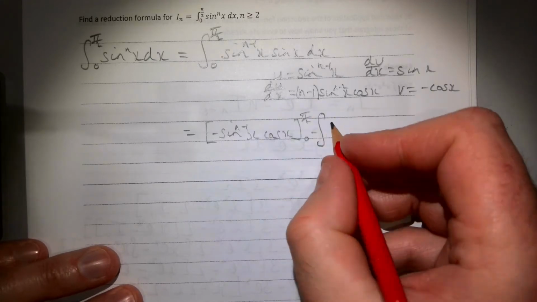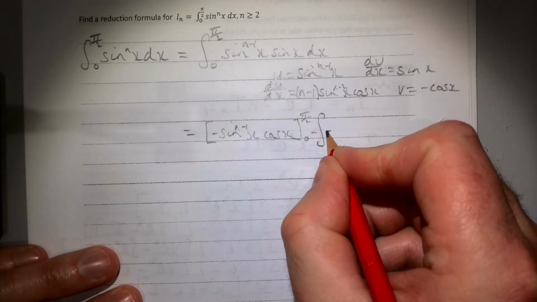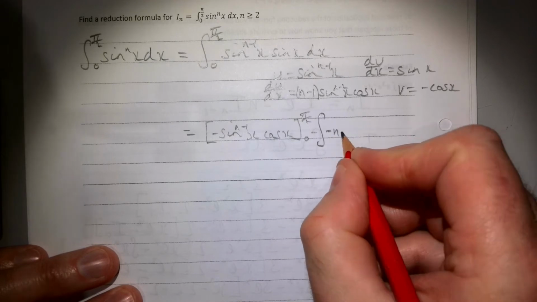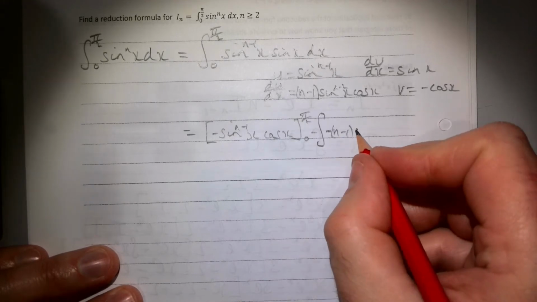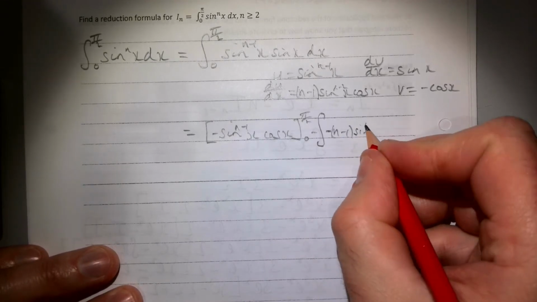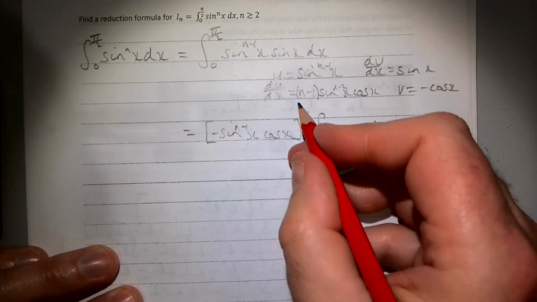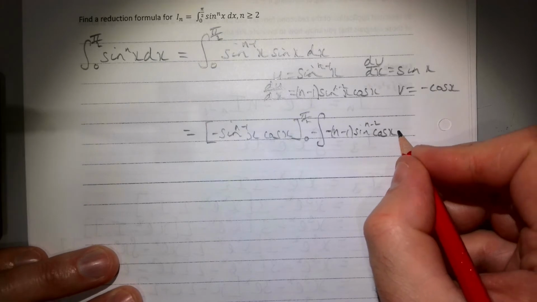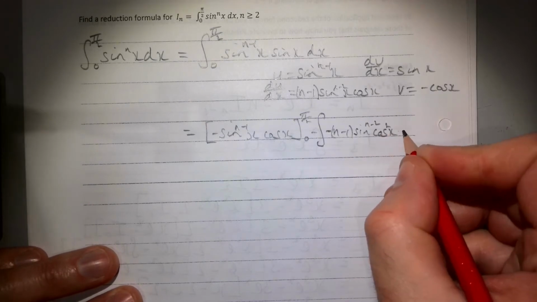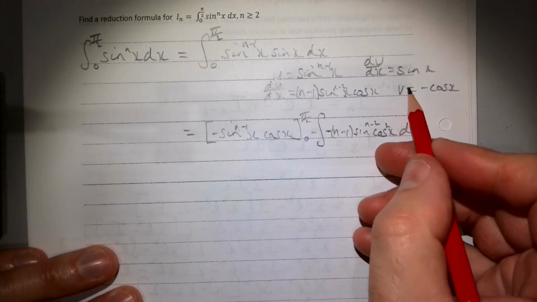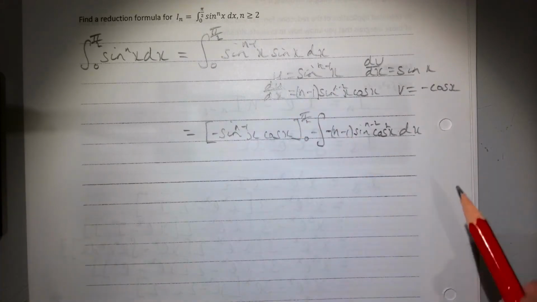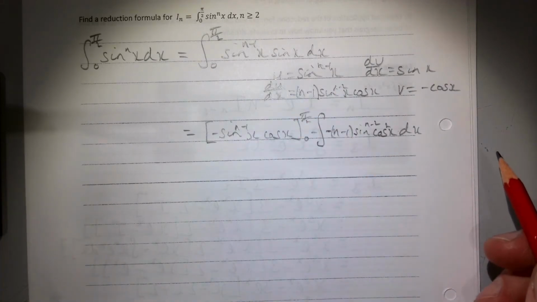So it's minus n minus 1 sine n minus 2 cos x, and I get the minus from here to there, and that's times cos x again, so that gives me the cos squared x. Remember I'm doing v times du by dx, and we end up with that.